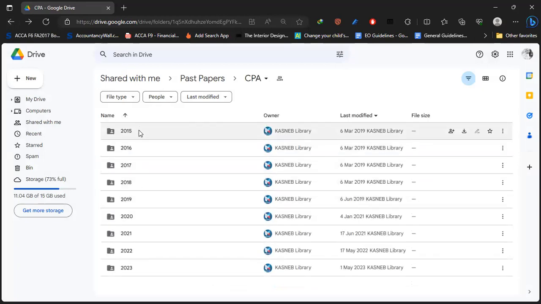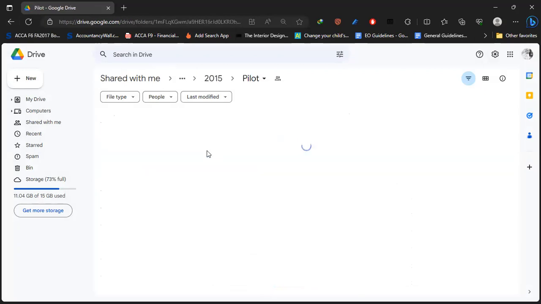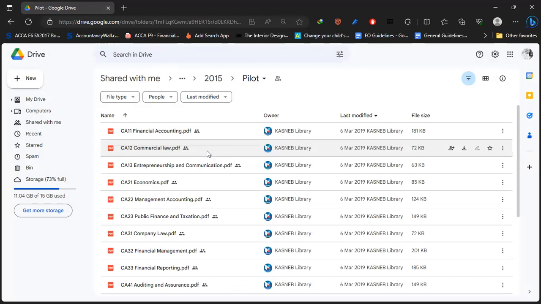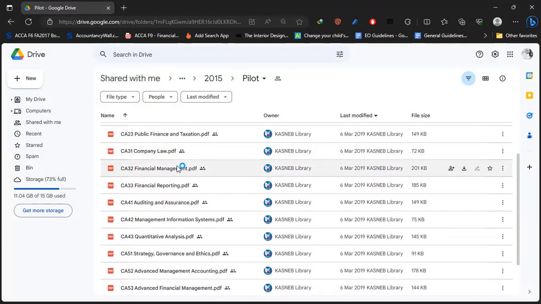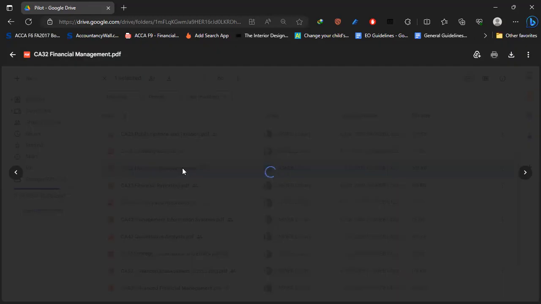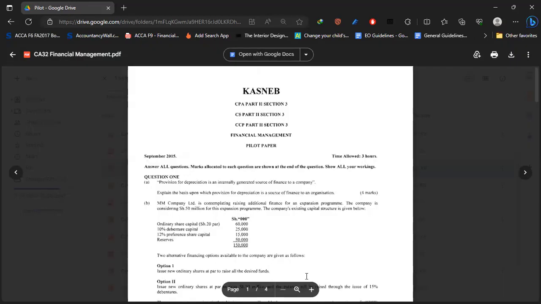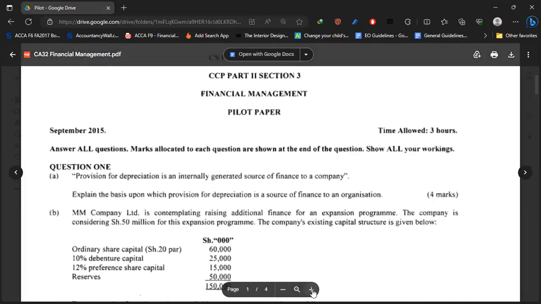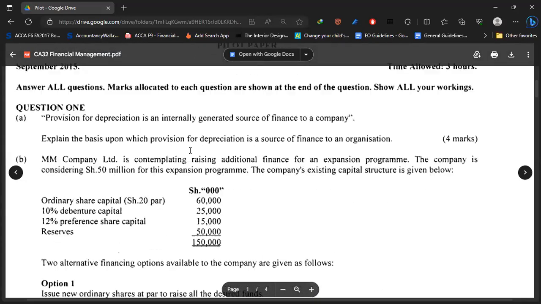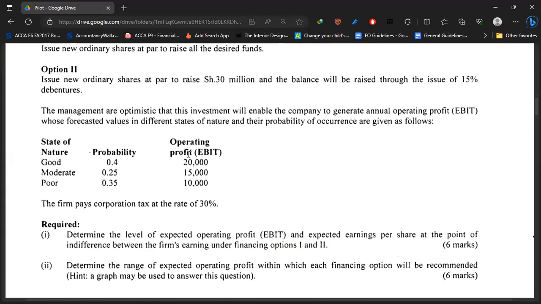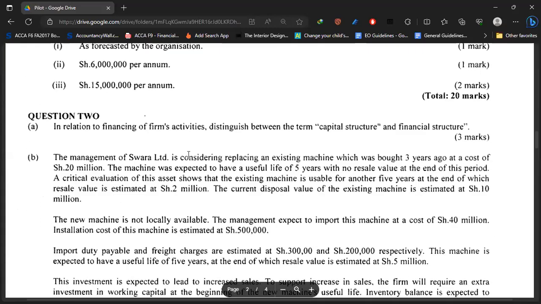It is our pilot paper question. September 2015, question 3B.